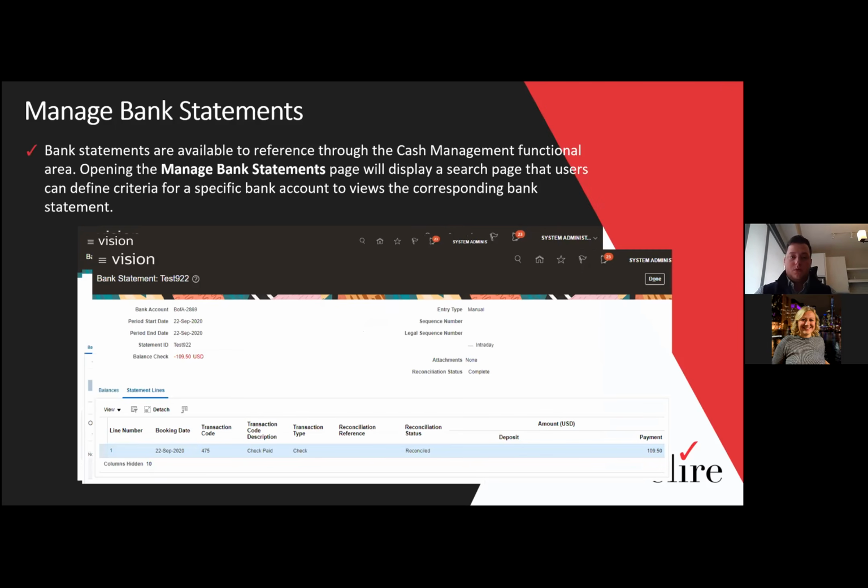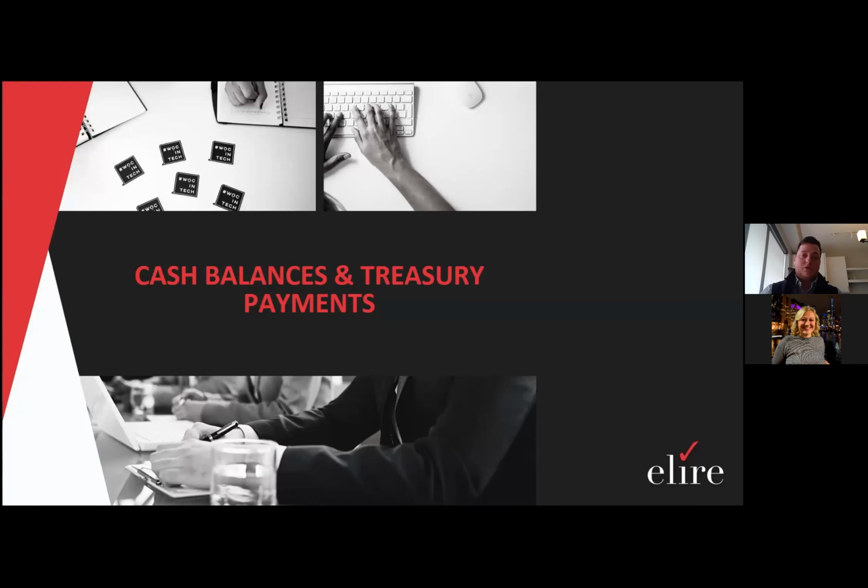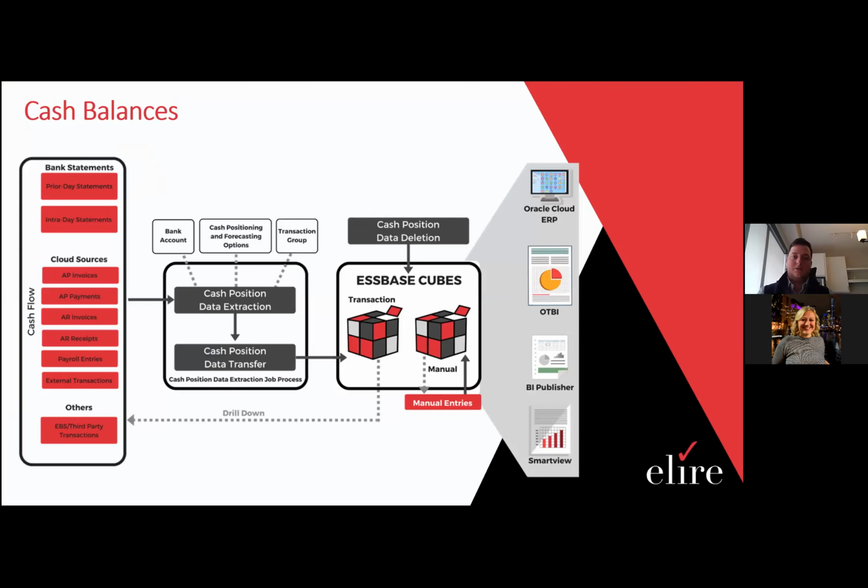As the statement has been introduced into Oracle and it goes through the data extraction, we are able to start producing cash balance reporting on it and issue treasury payments based on the analysis that goes into it.